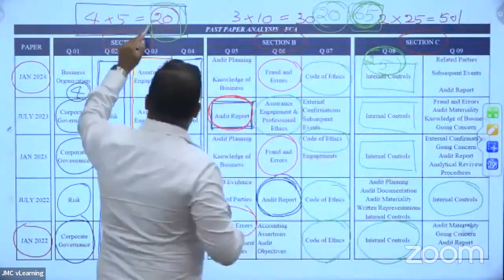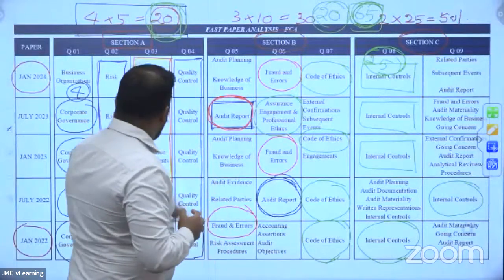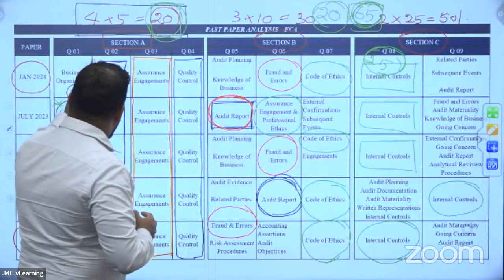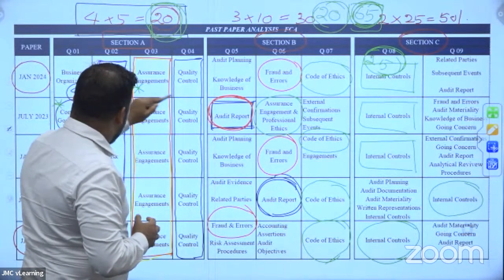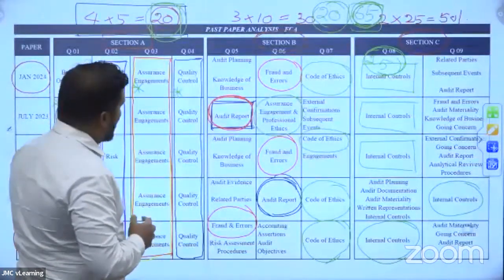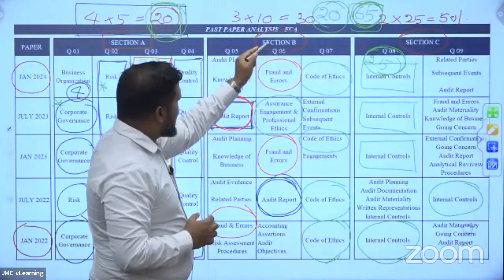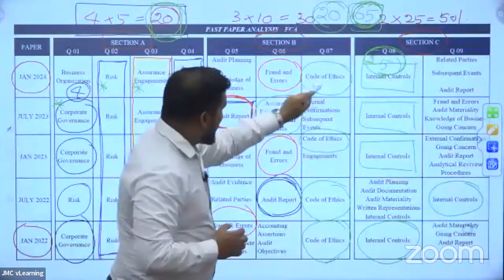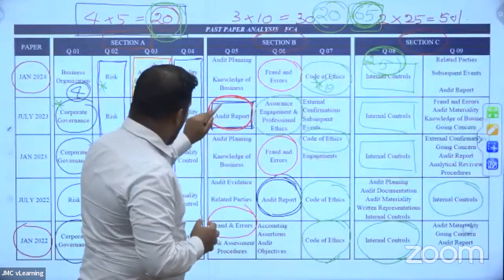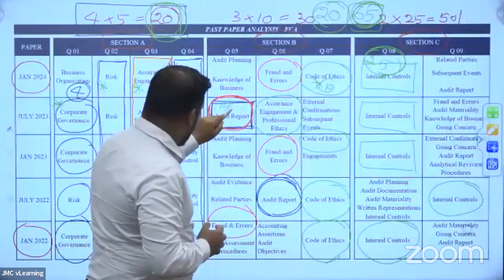So for an example, section A, you have 20 marks. Basically, higher probability is there for corporate governance, then risk, assurance engagement, and quality control. Then when you take section B, code of ethics, probably 10 marks, and audit report as well, probably 10 marks.